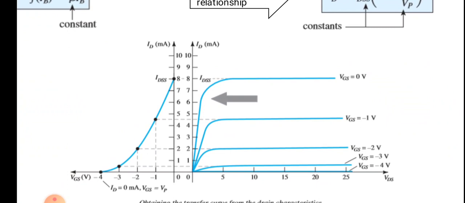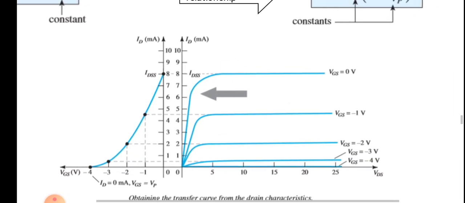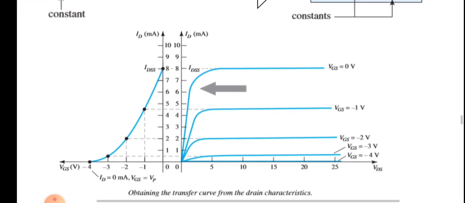So here, as usual, there is a VI characteristic, that is drain to source voltage and ID current. So once you fix this VDS, you would get one fixed ID, but it's not like that. You can see the graphs for VGS equals 0, VGS equals -1, VGS equals -2, and so on.